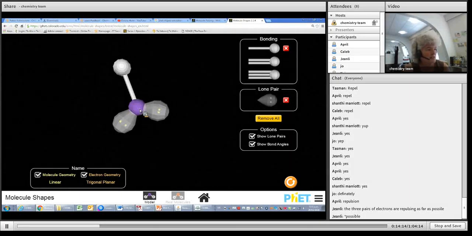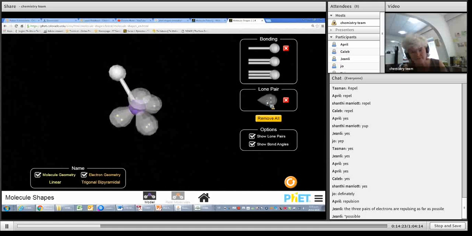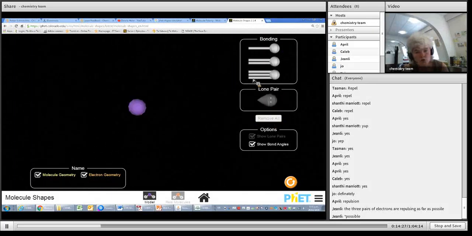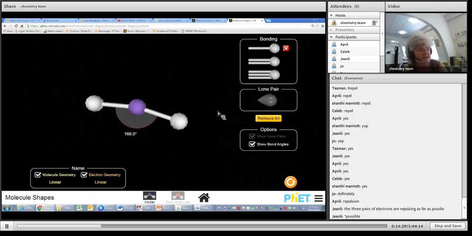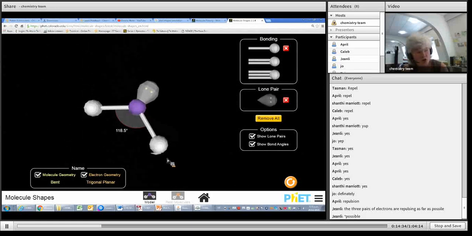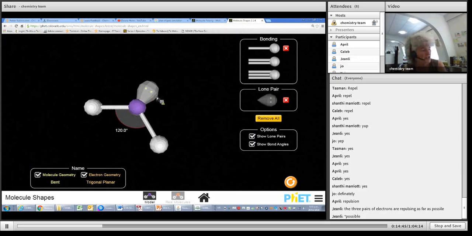So I can keep on adding lone pairs, and notice it stays a linear molecule, but the electron geometry changes. Okay, so if I go back, and now I have 2 bonding pairs. If I now add my non-bonding pair of electrons, notice the electron geometry is trigonal planar again, because I've got 3 areas of negative charge, all repelling each other as much as possible.